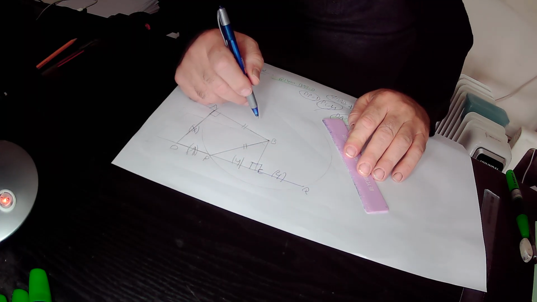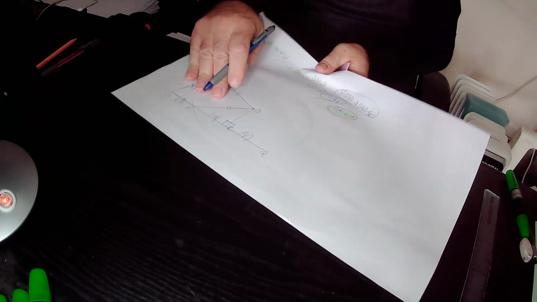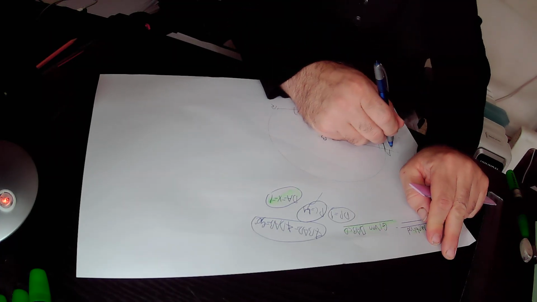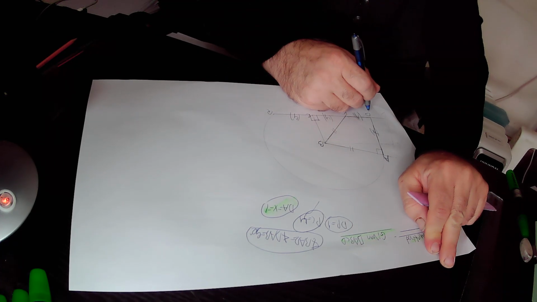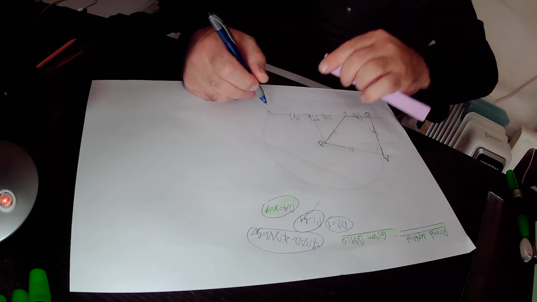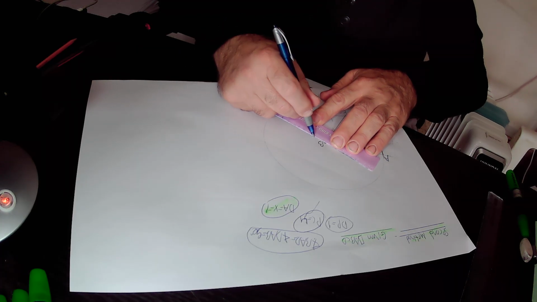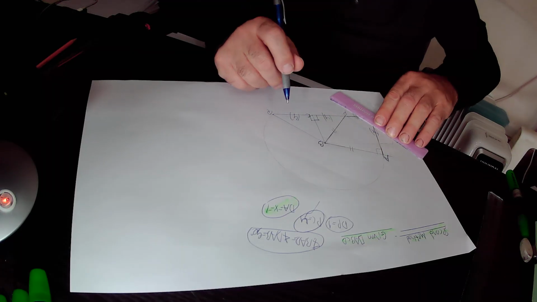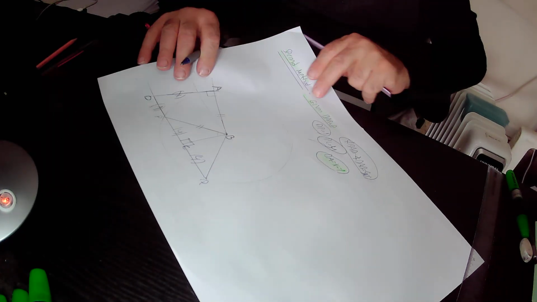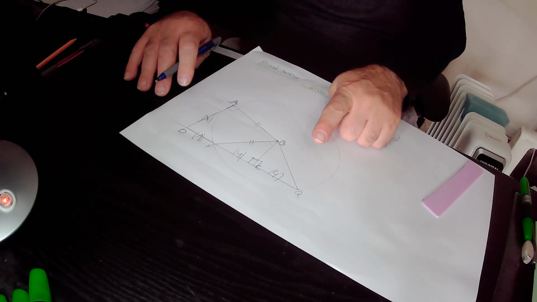In the next step, we will join points B and Q together by a straight line. By joining points B and Q, we get the line BQ.